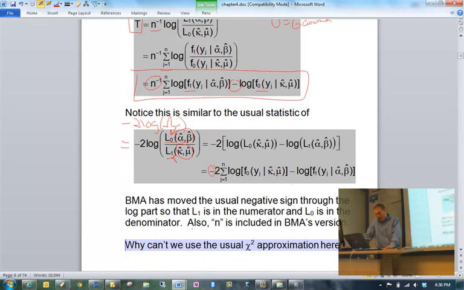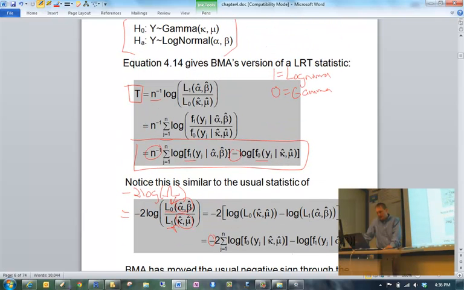Okay, so then the big question, why can't we use the usual chi-square approximation here? What's that? You don't need to start with the normal, because remember it's just asymptotic. Well, what do we normally have with respect to the hypothesis?